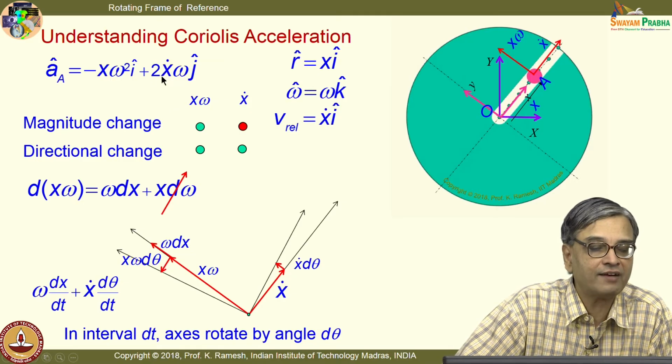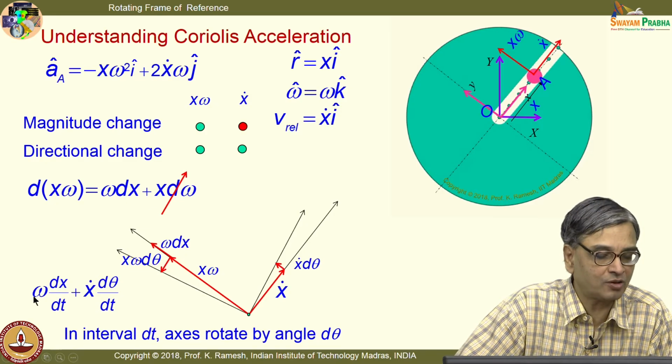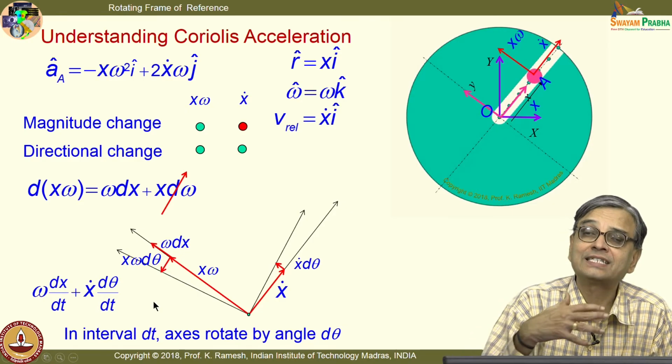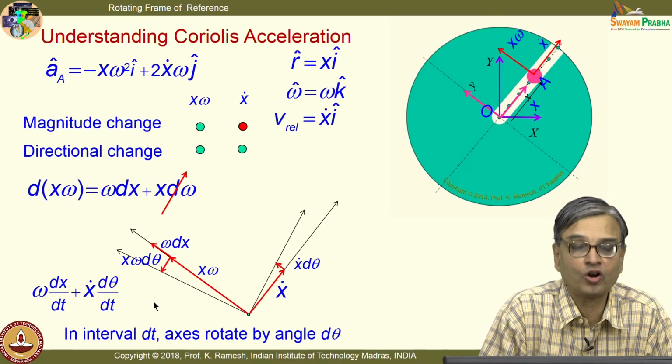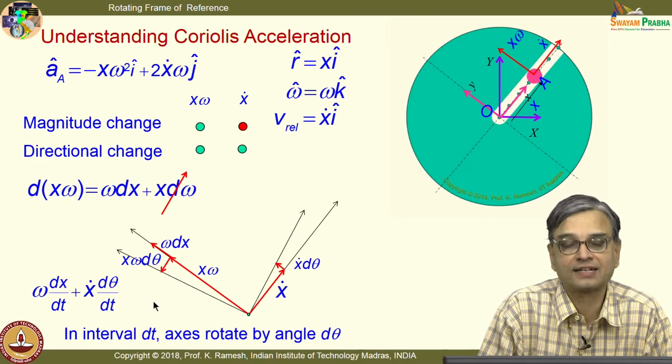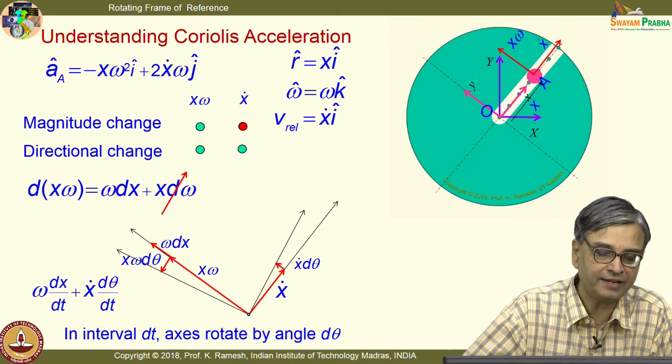I have this as x dot omega. I can refer to this as x dot omega and x dot omega. This is what you are not able to see when you are sitting in the rotating frame of reference. That has contributed to the Coriolis acceleration. Fine.